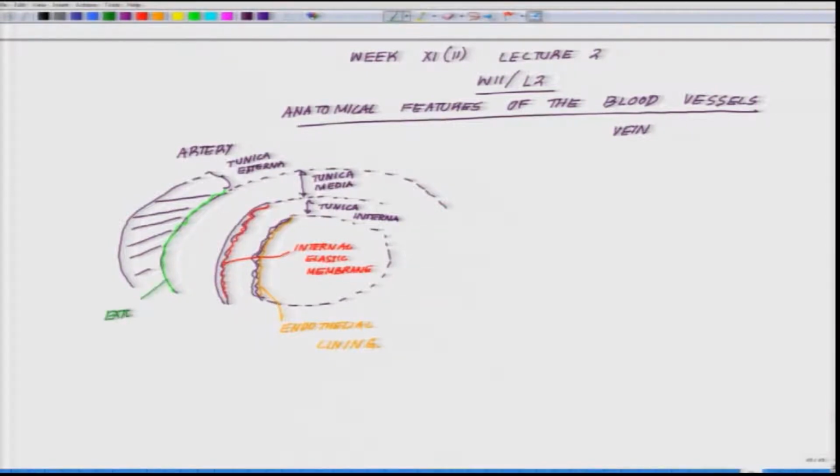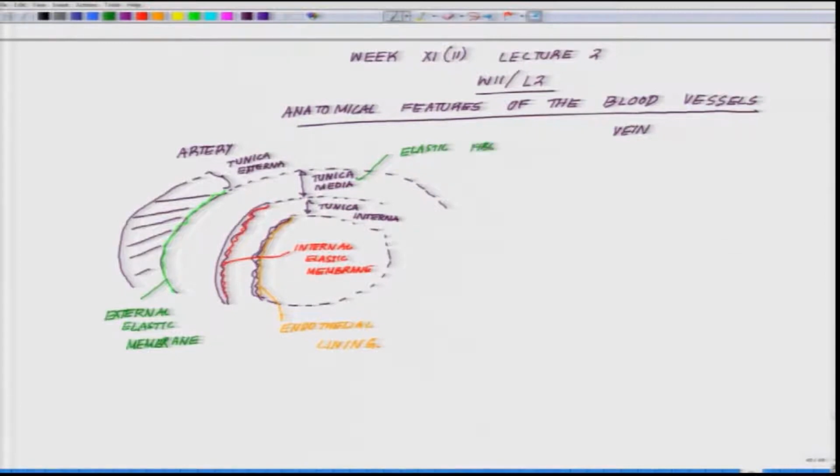These elastic membranes are very essential because they give flexibility to this structure, the inflection and all other possible options it derives. And in between, the tunica media has the elastic fibers.